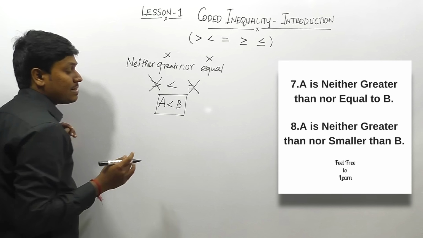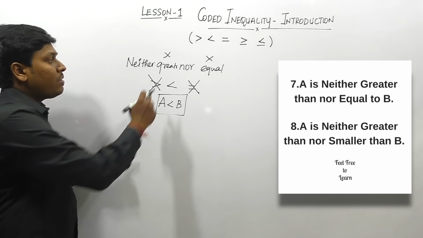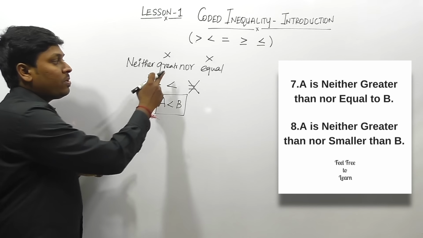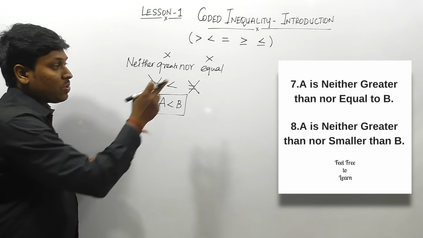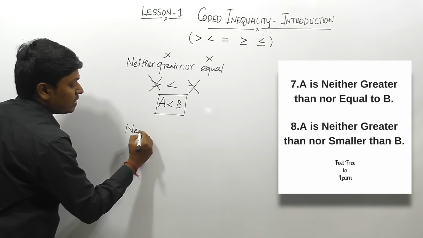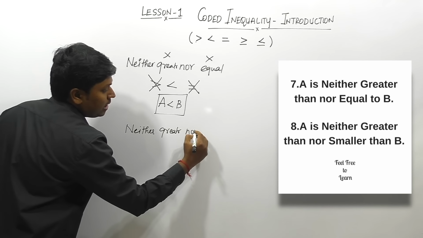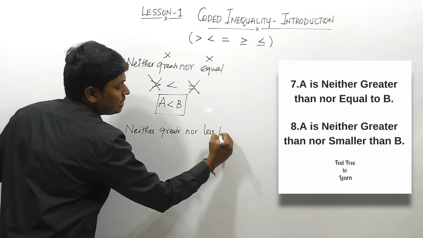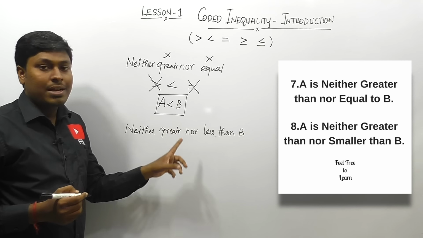Friends, got it? Just understand what is the difference between either or and neither nor. Either or, we should consider both the statements, that is both the words. In neither nor, we should not consider both the words, right? So let me move on to another example question. A is neither greater nor lesser than B. So friends, the meaning of neither nor, you should not consider both the words.